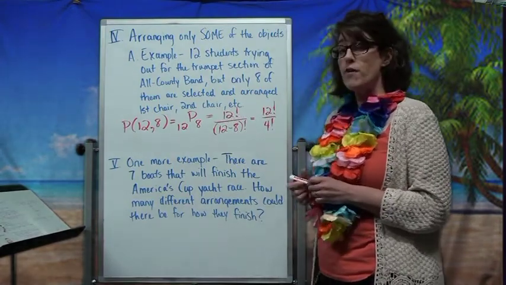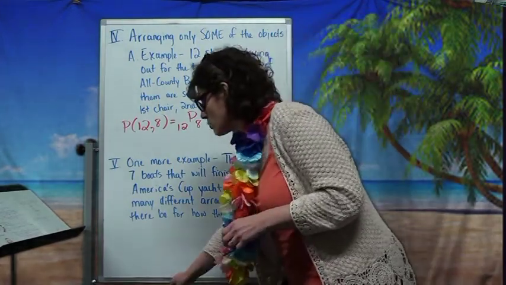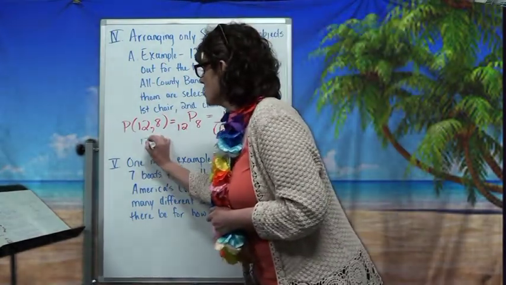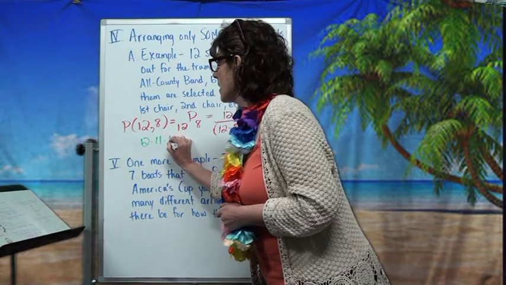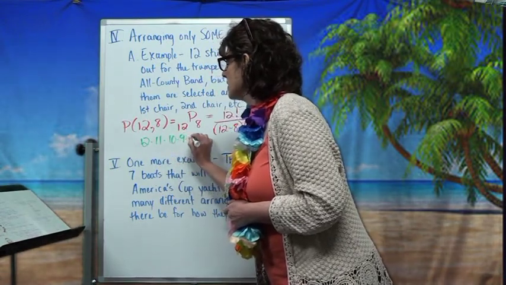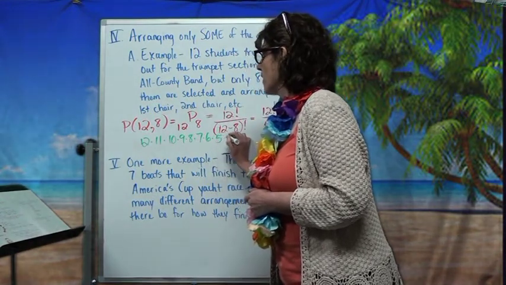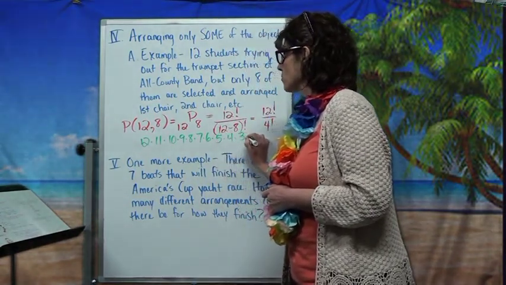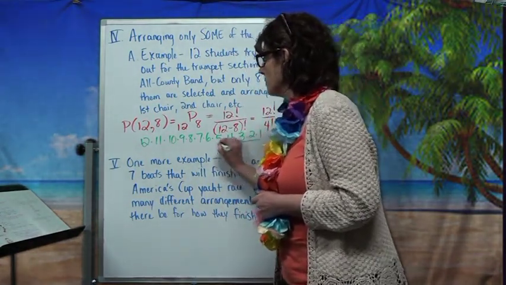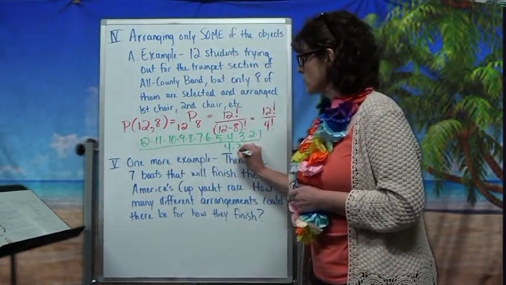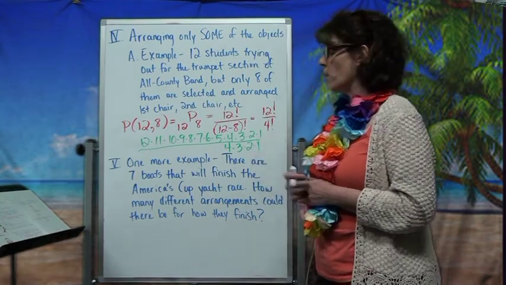So when I do 12 factorial, what that indicates, I'm going to change markers so this doesn't all run together, 12 factorial indicates 12 times 11 times 10 times 9 times 8 times 7 times 6 times 5 times 4 times 3 times 2 times 1. 4 factorial indicates 4 times 3 times 2 times 1.